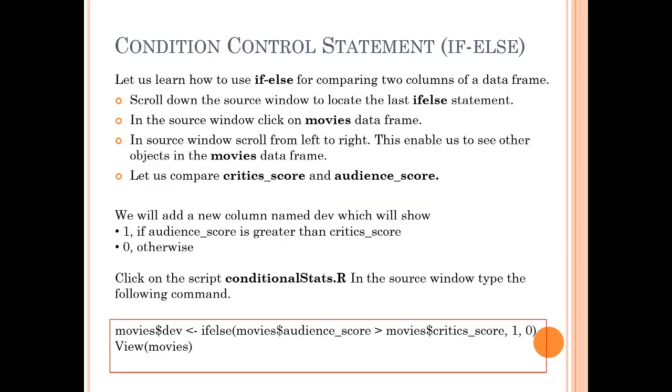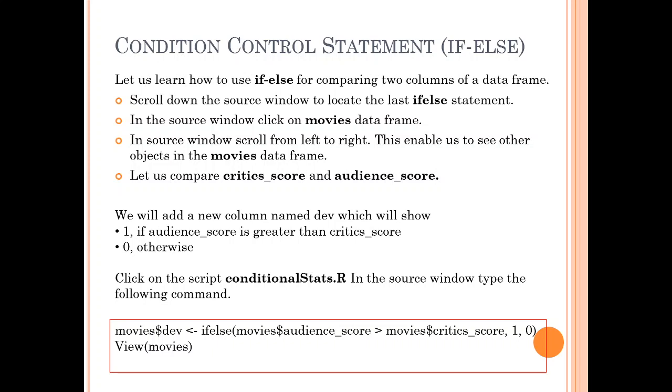So now let us have some more practical or more applicable example of using if else. The previous examples were just for illustrative purposes, but now what we can do using if else is add a new column to some data frame.